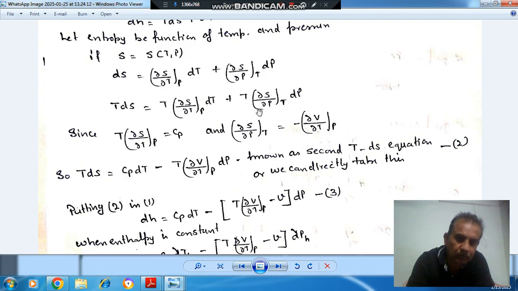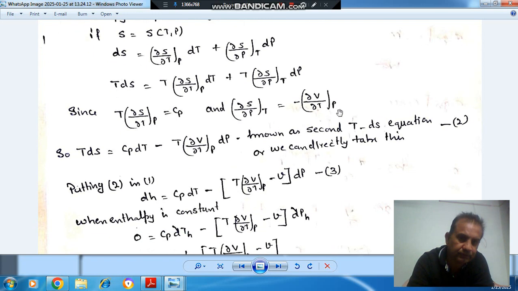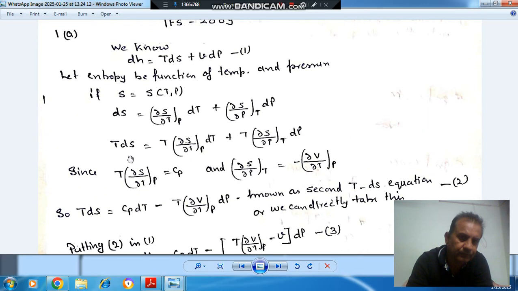From the Maxwell relation, (∂S/∂P) at constant T is minus (∂V/∂T) at constant P. So these can be replaced, and we have the second TdS equation: TdS is equal to Cp dT minus T(∂V/∂T) at constant P dP.